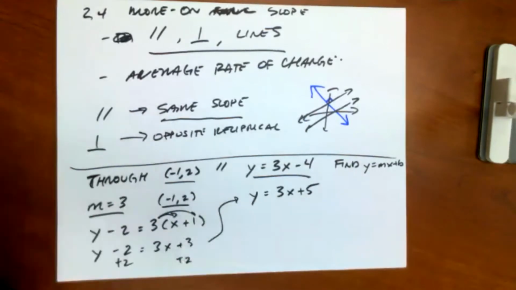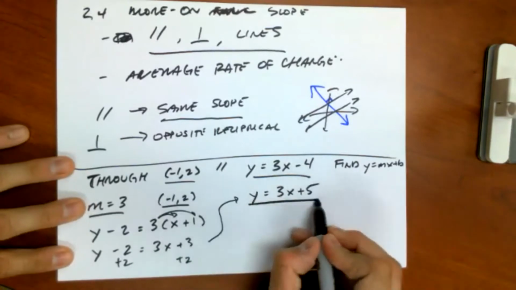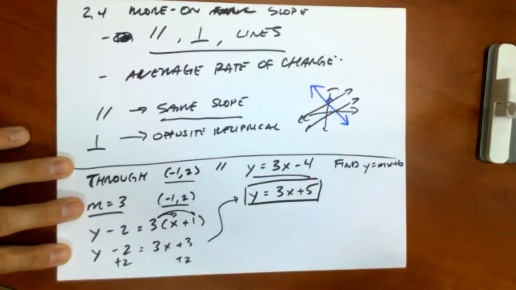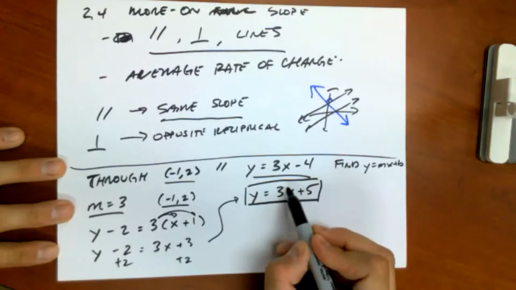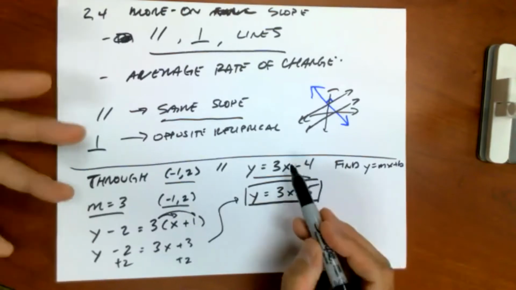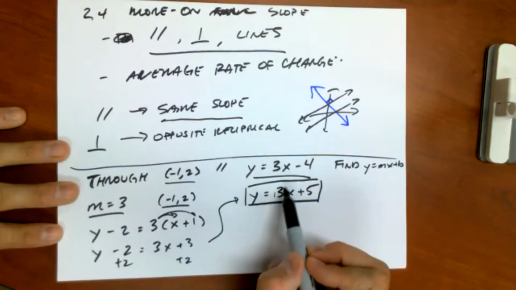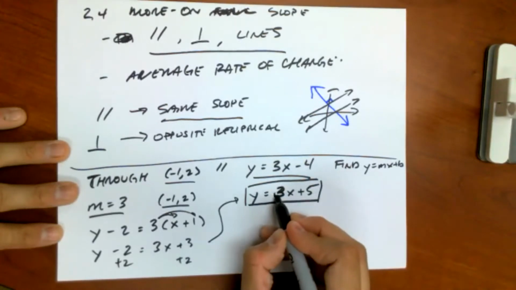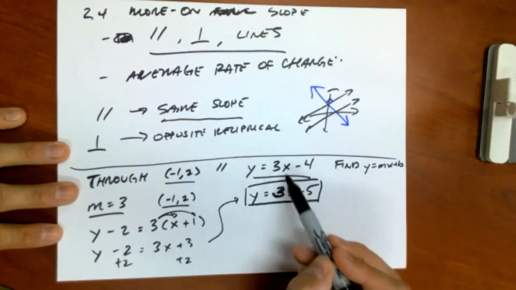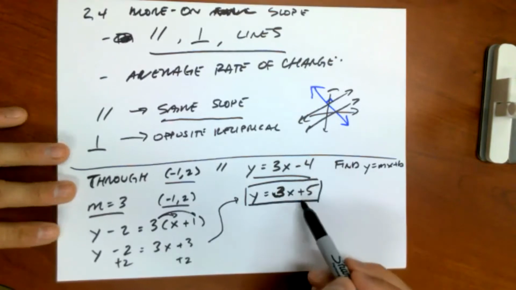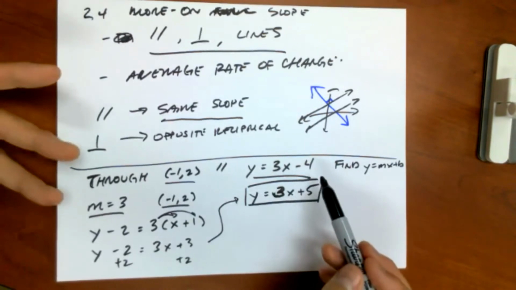Now look at this. We have these two different lines here. This, I believe, is my solution. If I looked at these two lines and asked myself, are they parallel? Yeah, they're parallel. They've got the same exact slope of 3, but they have different y-intercepts.